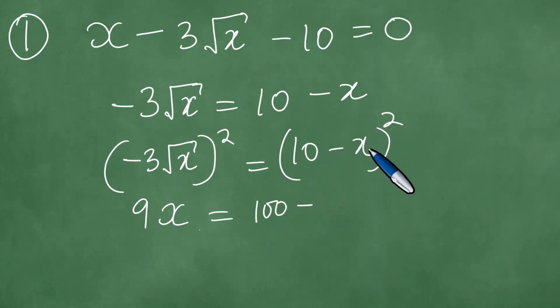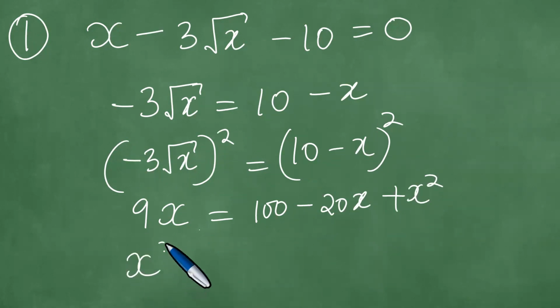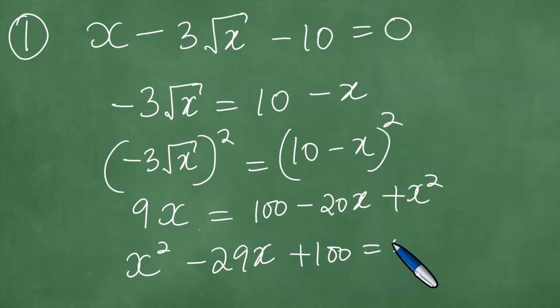Then 10 times minus x is minus 10x times 2, which is minus what? 20x plus x squared. So now what we're having is x squared. Okay, we have minus 20x and minus 9 is minus 29x. Okay, and then we have plus 100 is equal to 0, like so.